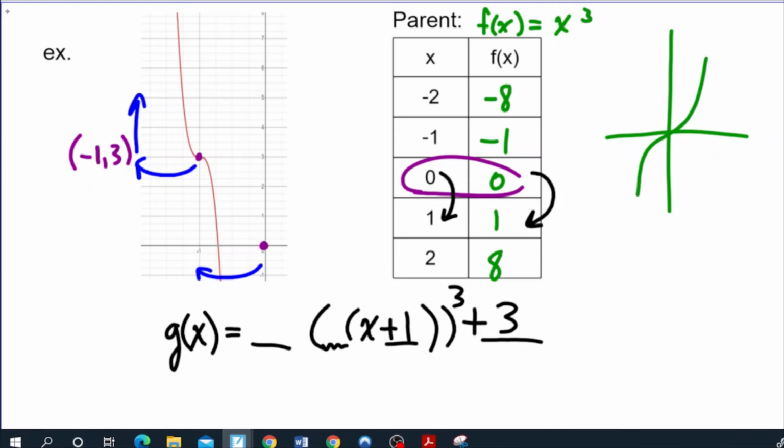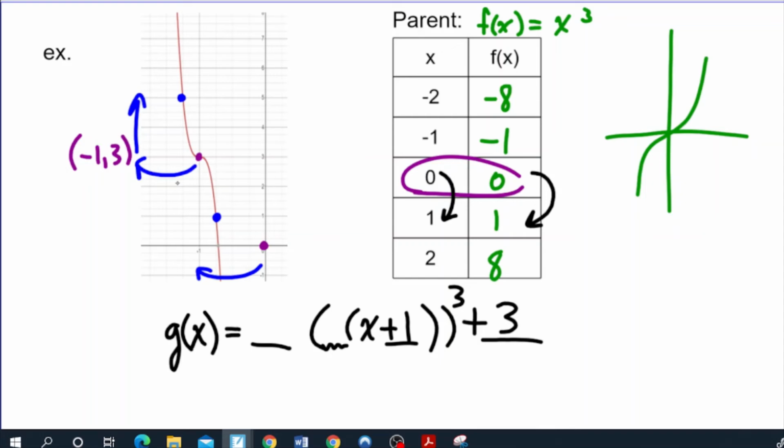What I like to do is find a clean point that is going to help guide me towards what is happening with this graph. And I can either go right or left to do this, but you can see that there's a clean point here or here, okay? So how far over did I move, left or right, to get to that point?